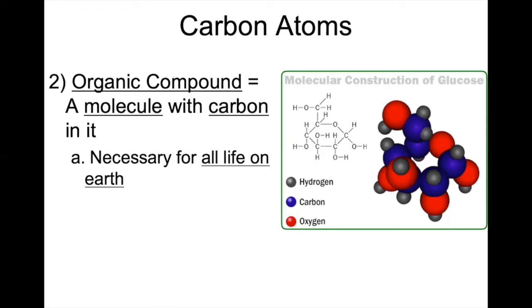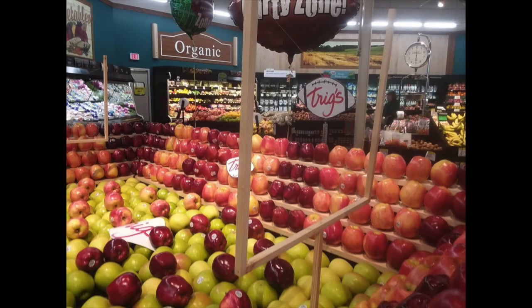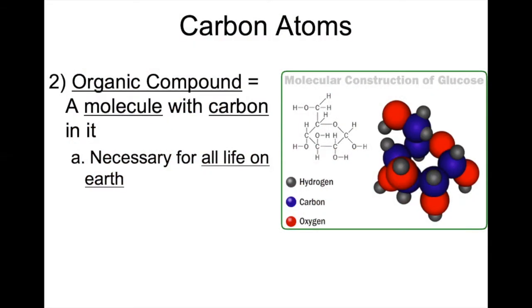A dead body is still considered organic, but all living things are organic. So I don't care if you buy a regular apple at the store or an organic apple at the store, they're both organic. So an organic compound is a molecule used to create life. And that's what molecules made of carbon atoms are going to be. A molecule with carbon in it, necessary for all life on this earth.